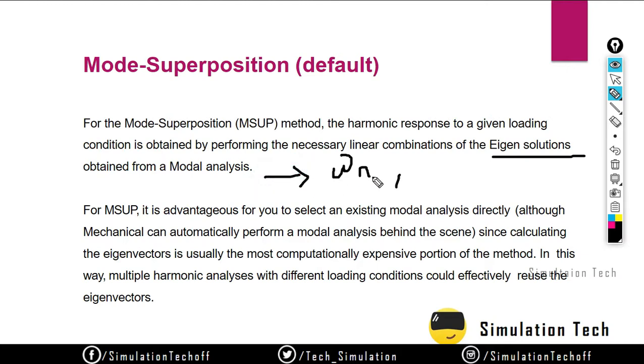That is why we use the natural frequencies as input for a harmonic analysis. Anyway, the maximum deformation happens at the natural frequencies like 15 or 20. Maybe any one of them obtains a maximum peak response. So either you can go for the mode superposition method, or else you can go for the full method.